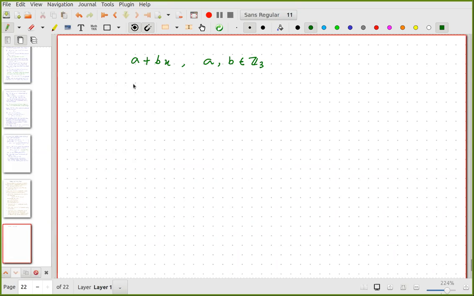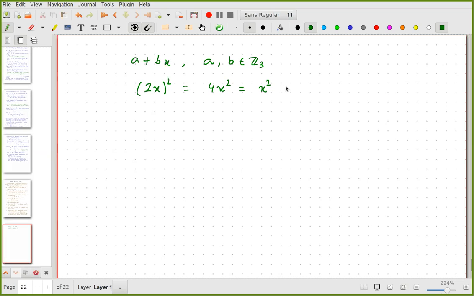Suppose I have, say, 2x. If I raise it to the power 2, then it is 4x square. That is simply x square, because the coefficients are read modulo 3.